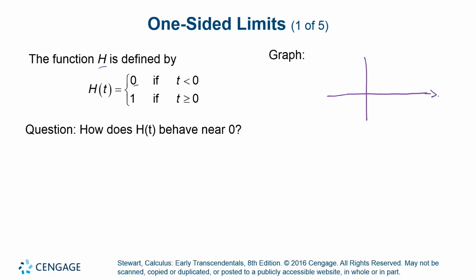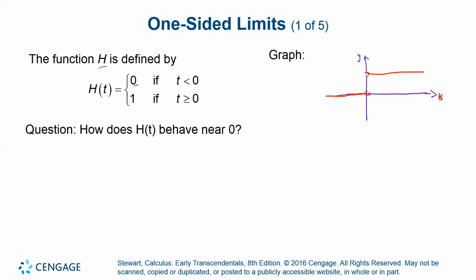This is the x-axis, and that is the y-axis. Let me pick a different color. It is 0 when t is, this is actually t, not x, less than 0, and it is 1 when t is greater than or equal to 0.